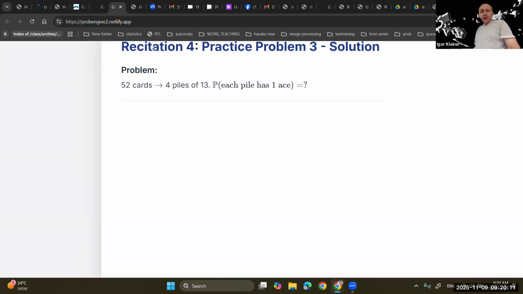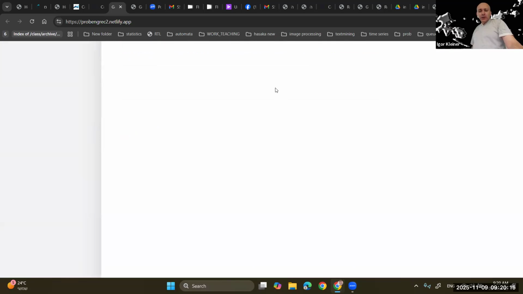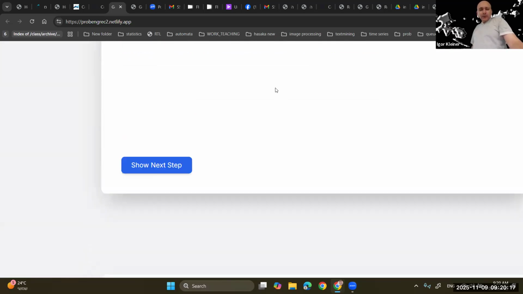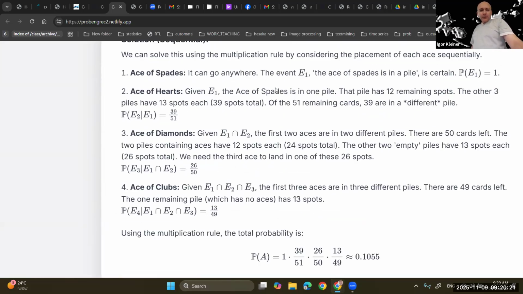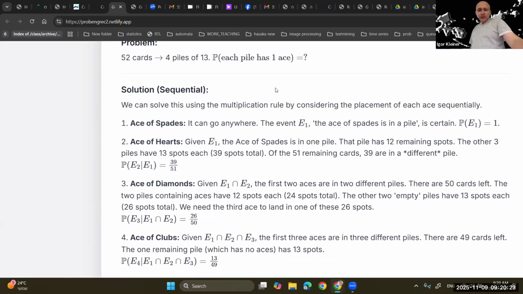So our goal is to find the probability that each pile has one ace. Each person will get one ace. Okay. Let's denote 4 events: E1, E2, E3, and E4.